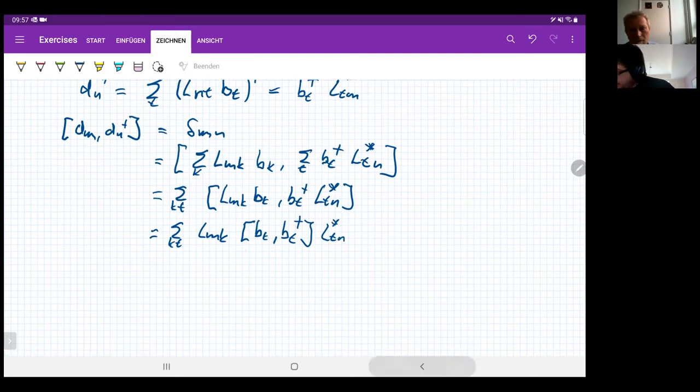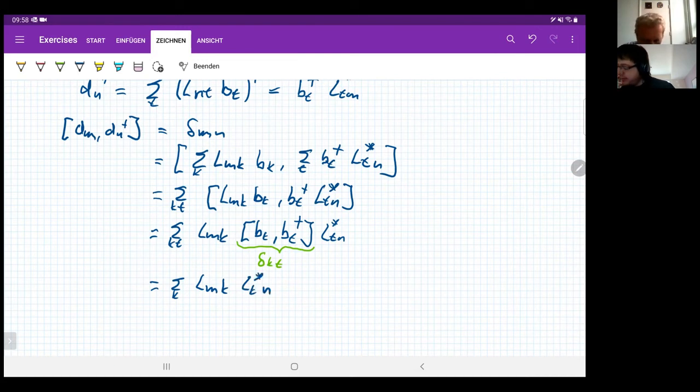And this we know is delta KT. Therefore, one of these sums can be eliminated, and we only have the sum over K, L_MK, L_NK complex conjugate.